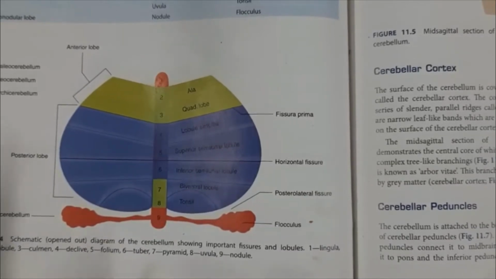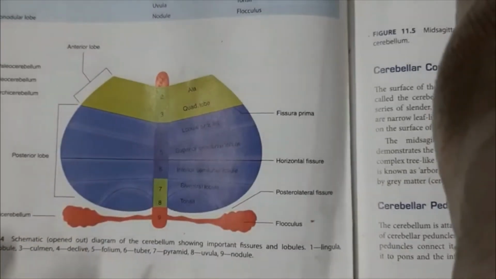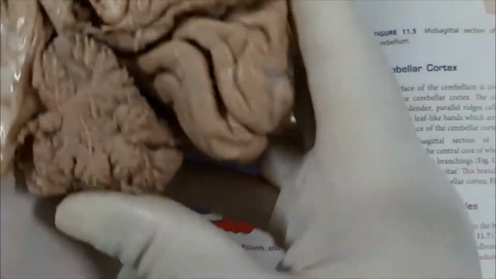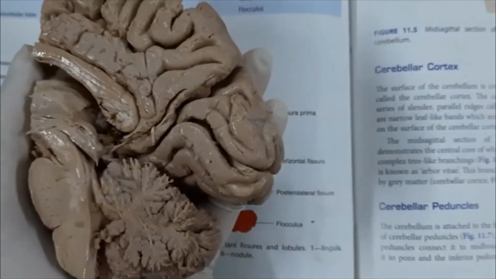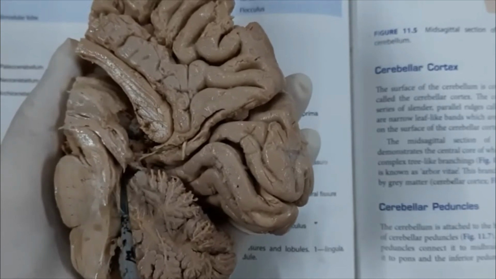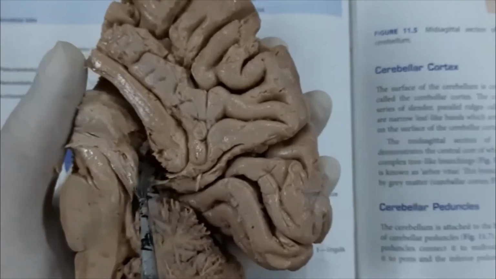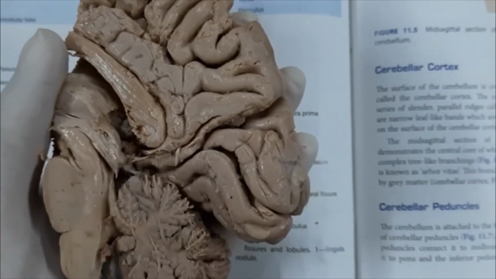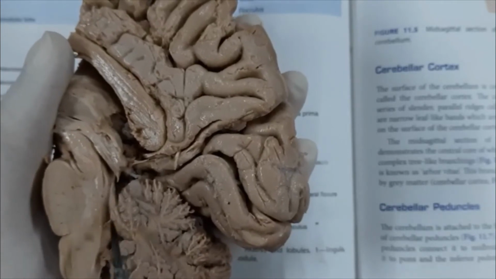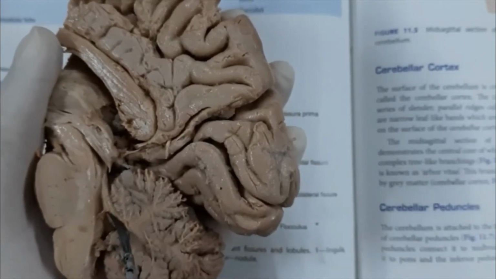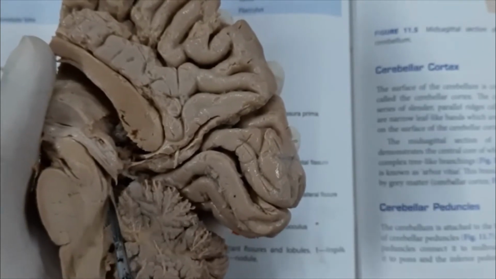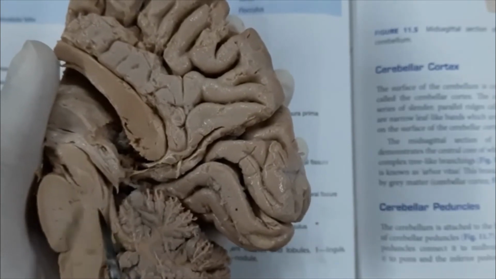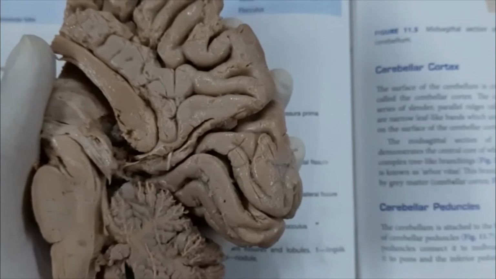Now let us see the relation of the cerebellum with the pons and medulla. Though I have already told you, I will just repeat it. In this cross section I can show you this relation. Here you are seeing the central canal, which is opening into the fourth ventricle, and this is in relation to this white lamina of fibers called the superior medullary velum, which is sending the fibers from the superior cerebellar peduncle to the cerebellum.